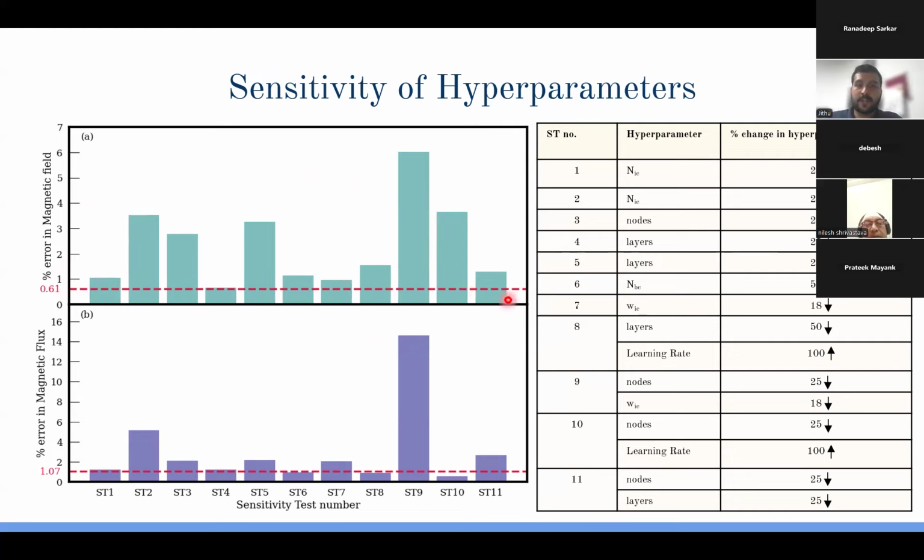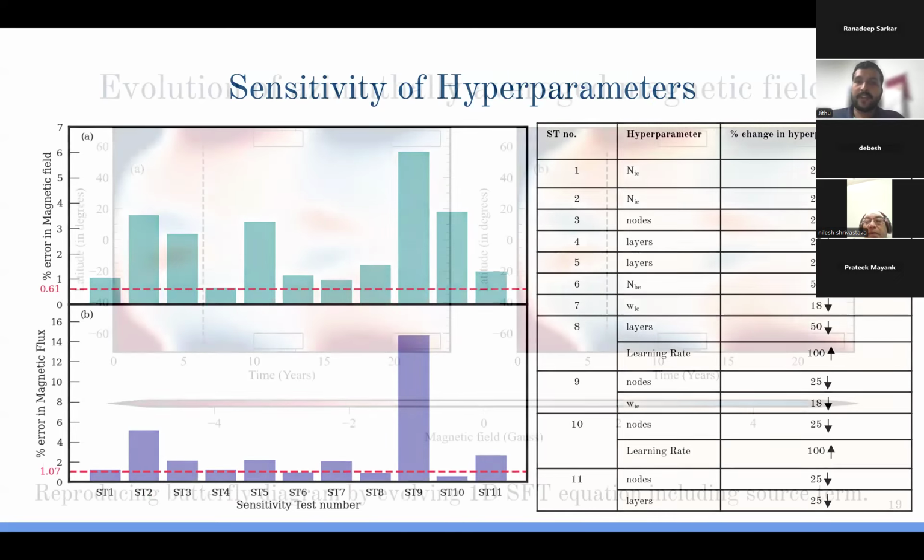The red line corresponds to the architecture that we are using for the PINN run. And these other values show the small changes that we made to the hyperparameters. We made small tweaks so that we can see how sensitive the solutions are to each hyperparameter. And we found that the best network was the one we are using, which we found by optimizing different runs using a process called Gaussian process-based Bayesian regression. And this shows the corresponding flux errors.